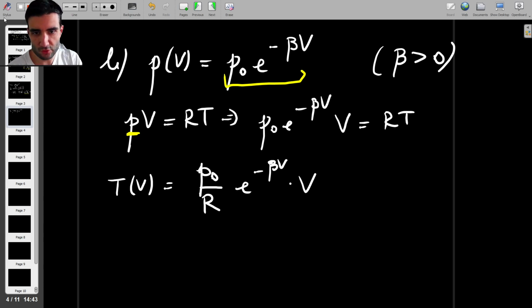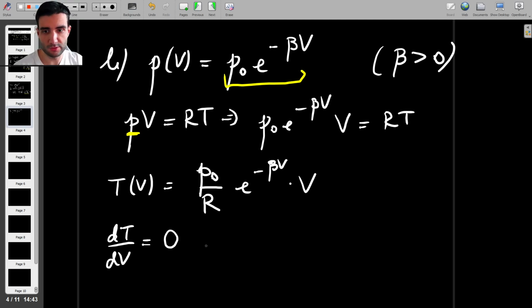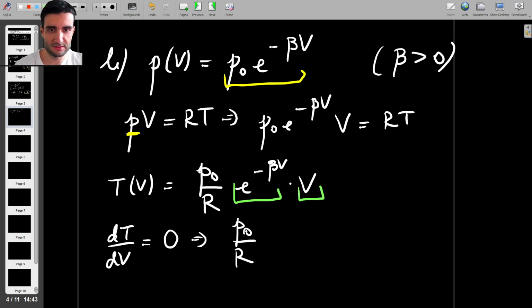And like before, we're going to differentiate this to find the location of the maximum. So we say the first derivative with respect to V has to be equal to 0 to find the stationary points. And then P naught over R comes out in front of the derivative because it's a constant. And then we have to apply the product rule. Because this is a product, it's an exponential times a first order polynomial, basically.